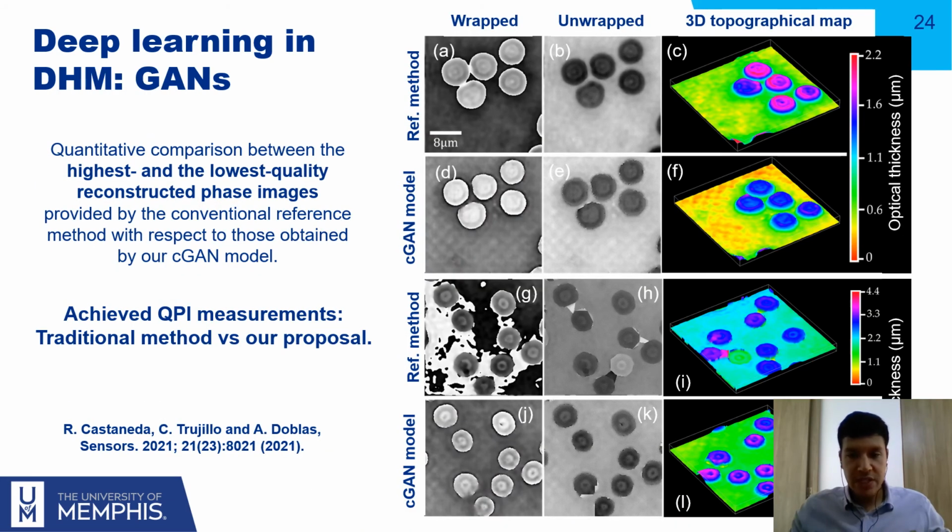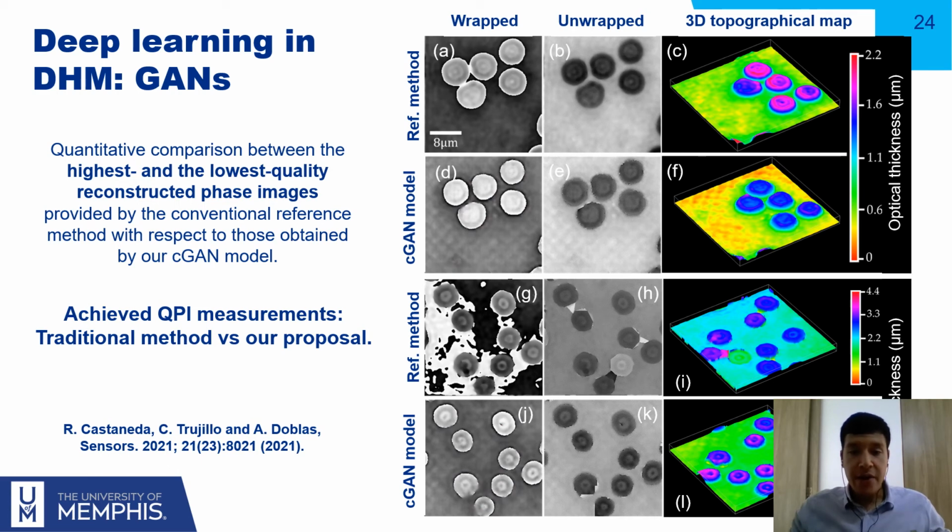Well, in this case, we see that the information of the shape of the specimen is properly reconstructed with the reference method, of course, but if the experimental conditions, as I mentioned earlier, are not exactly those that yield a proper reconstruction, well, the reference method fails.